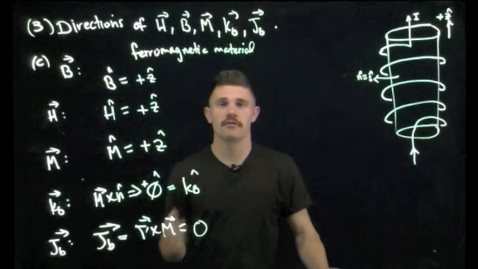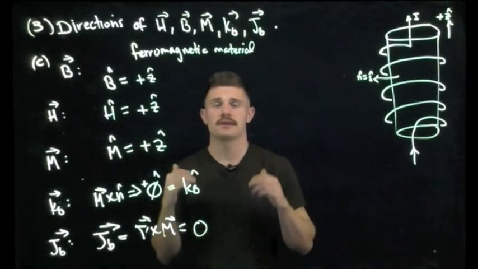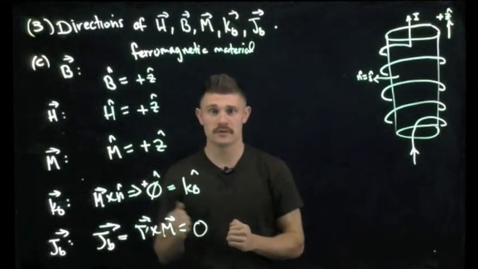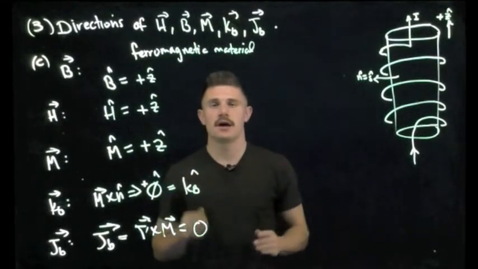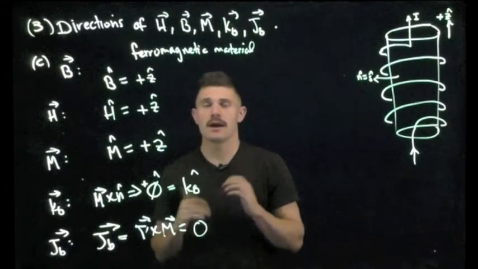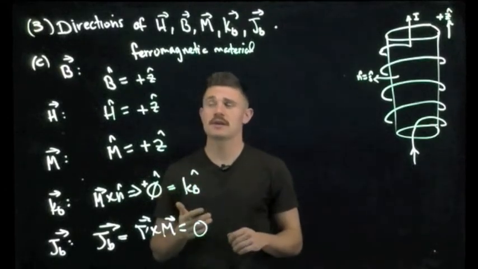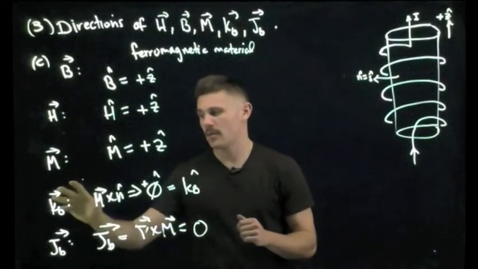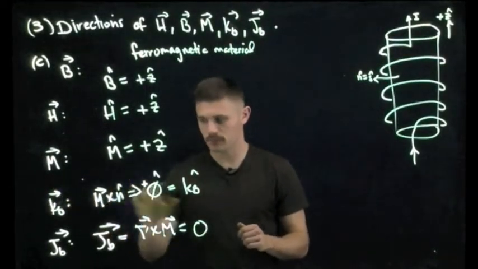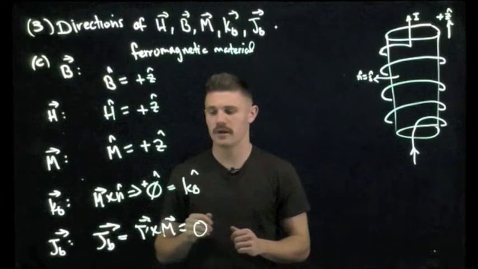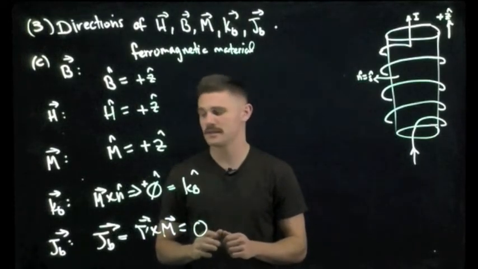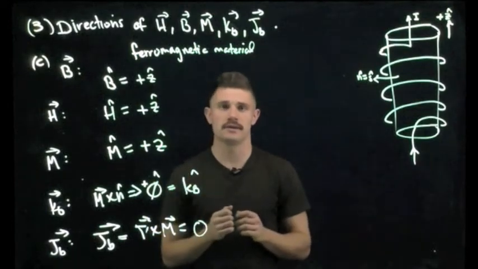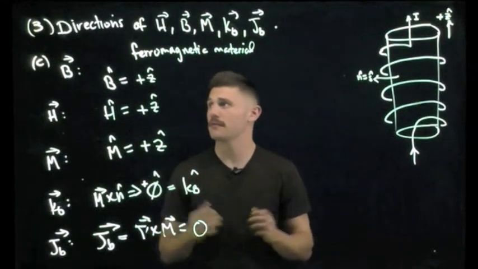The magnetization for a ferromagnetic material will be aligned with the magnetic field because all of those domains of the magnetic dipole moments will sort of align with the field, not necessarily completely, as they all have some sort of interaction with their neighbors, but the net magnetization will be in the direction of that magnetic field. The bound surface current is just given by the cross product, as we saw in part A and part B, positive phi hat for this case, and J_B is again 0 because of the constant magnetization. And that is the sum of question 3.